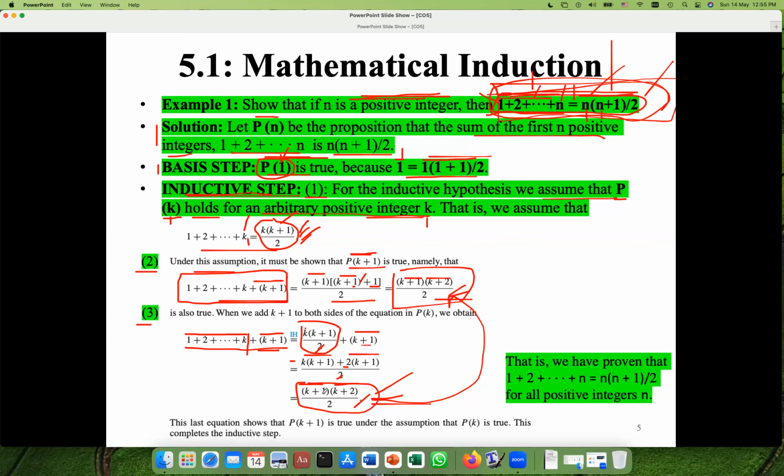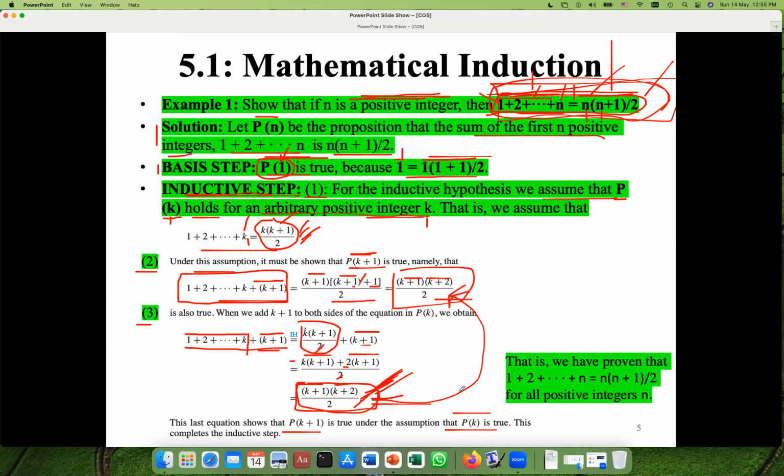So based on that assumption that pk is true, if pk is true, then pk plus 1 is true. So now you can say that pk plus 1 is also true based on our assumption pk.